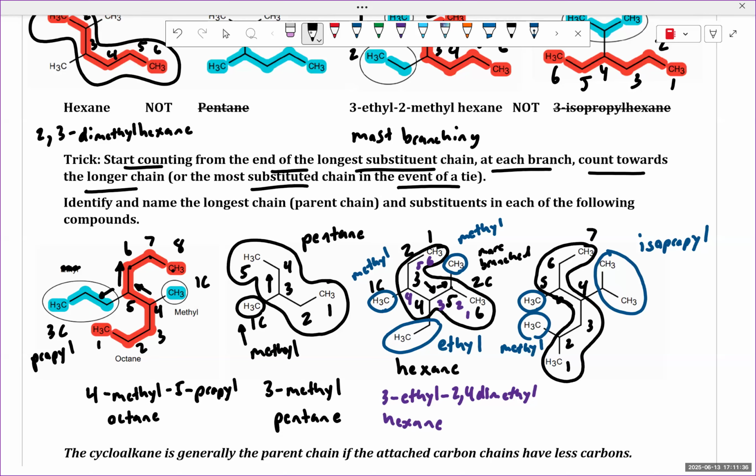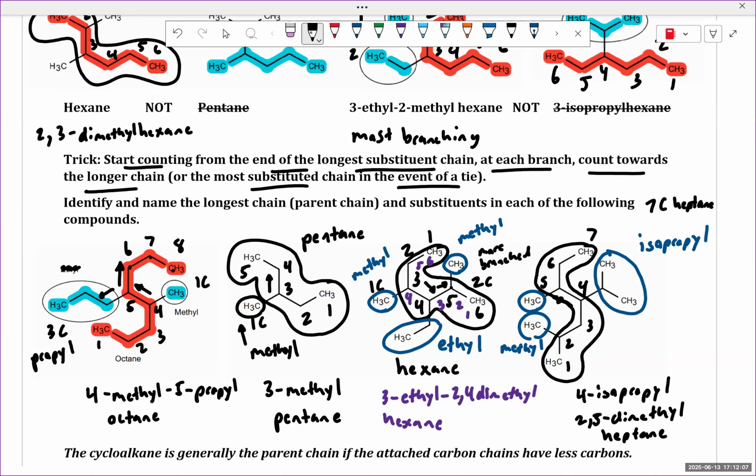So then, putting this together, we would name this as 4-isopropyl 2,5-dimethyl. And because we have a 7 carbon chain, this would be heptane. So this would be 4-isopropyl 2,5-dimethyl heptane.